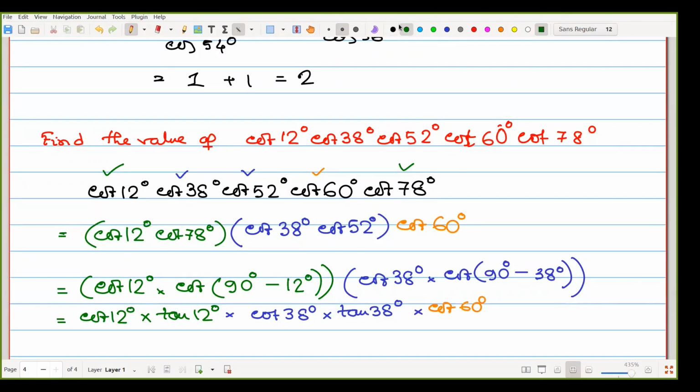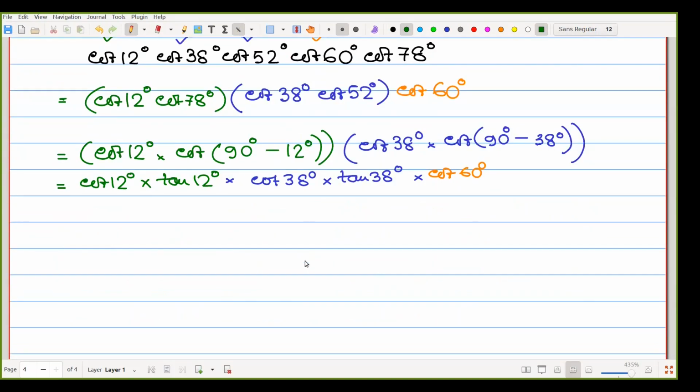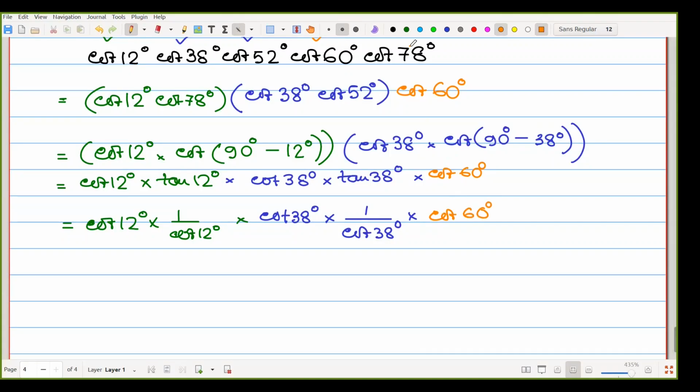Now look at the value. Cot of 12 degree into tan of 12 degree means cot of 12 degree into 1 by cot of 12 degree, into cot of 38 degree, tan 38 degree means 1 by cot of 38 degree, and finally cot of 60 degree.